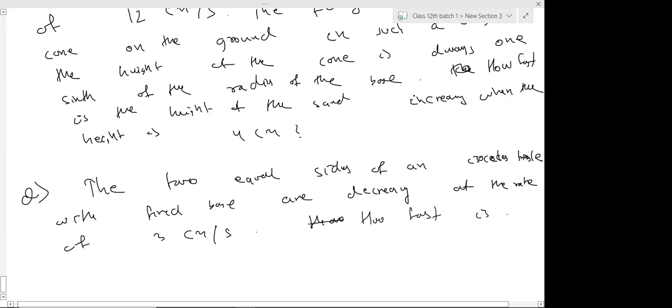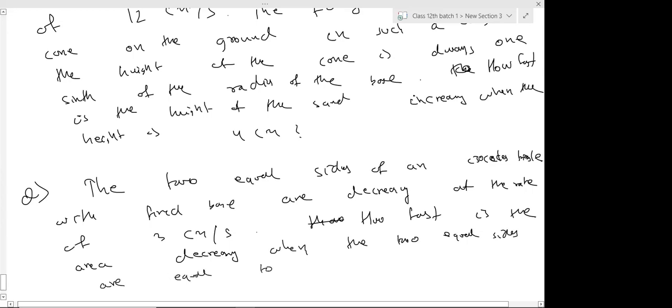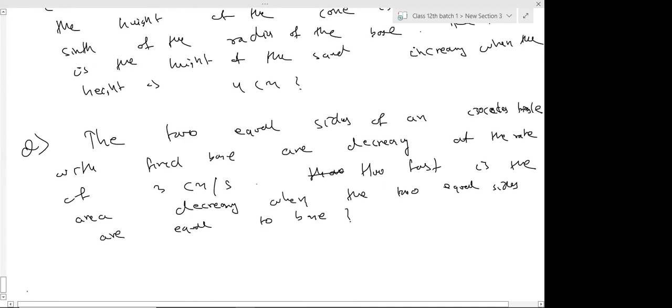How fast is the area decreasing when the two equal sides are equal to the base? Let's note it down. I'll explain how to solve this.